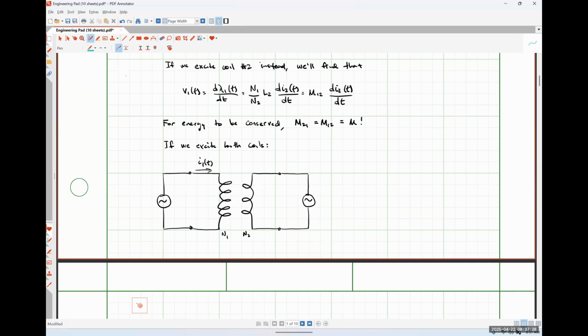then I'm going to have, as previously, some flux here, phi11, as well as some flux that's coupling our two coils together. And I'm going to arbitrarily choose the net direction to be clockwise.